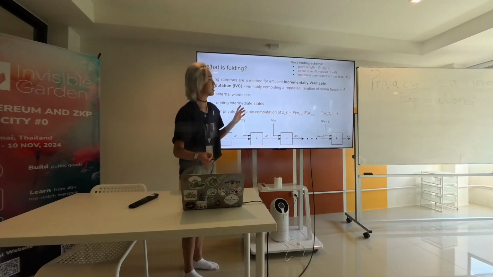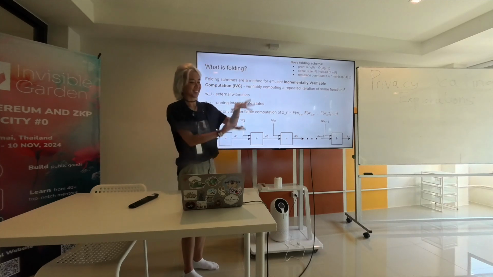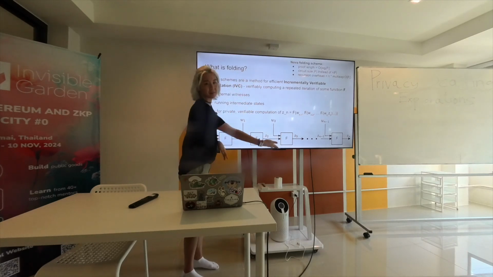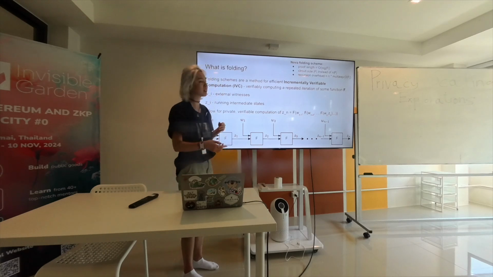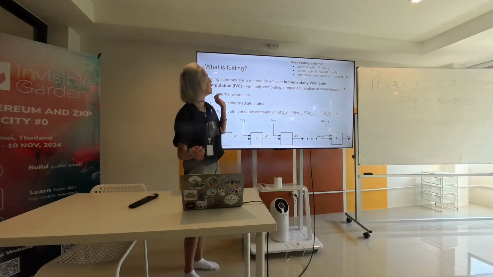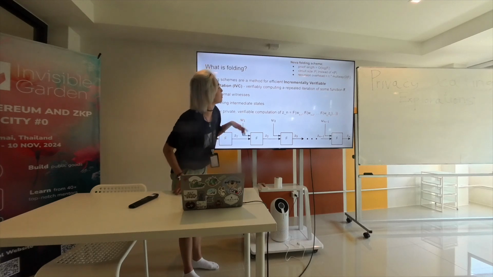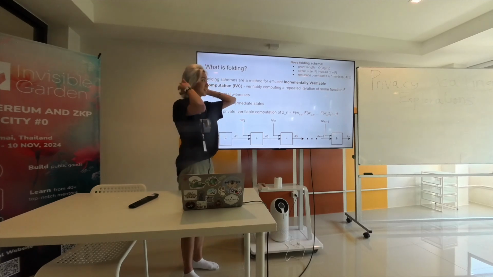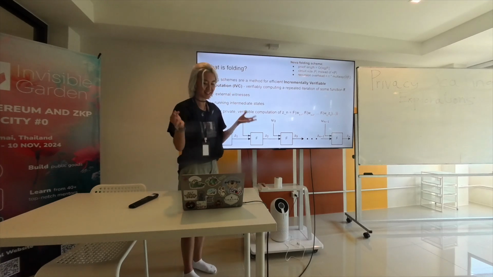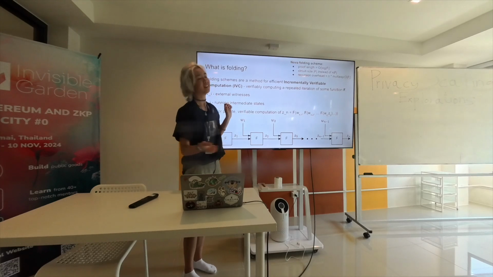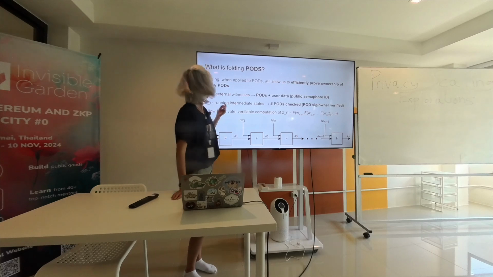So your circuit size becomes the size of f instead of n times f, which would be the naive way of proving this computation. And then there's a recursion overhead of n times a multi-exponentiation of size f. But that's just some details for nerds.